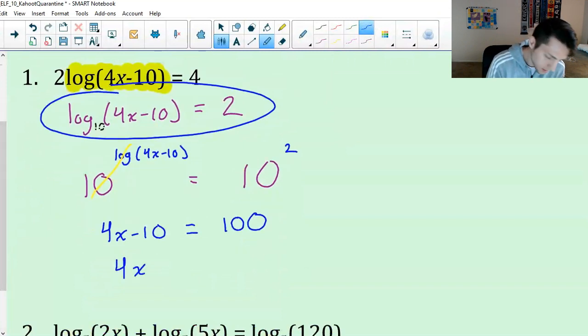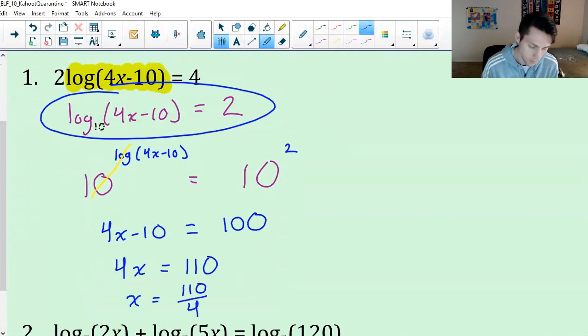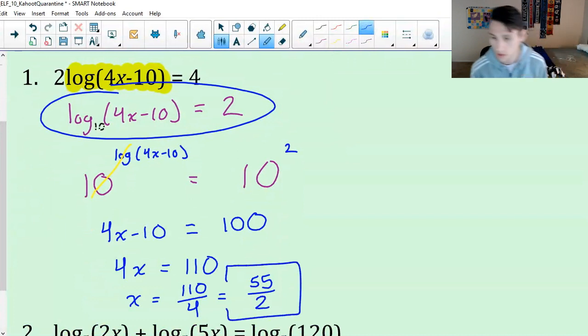Add 10 on both sides. And divide by 4. 110 divided by 4 is something we can definitely simplify. If I divide those both by 2, I would get 55 halves. So x equals 55 halves.